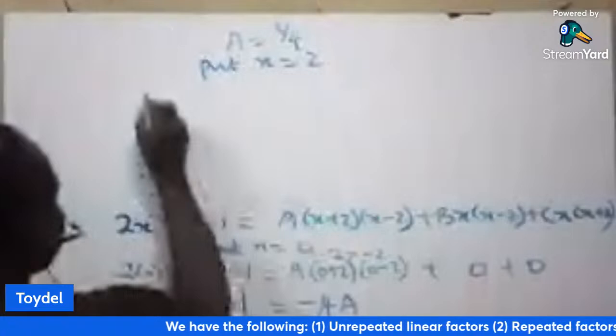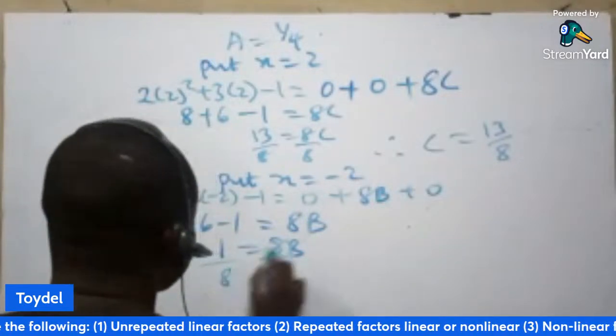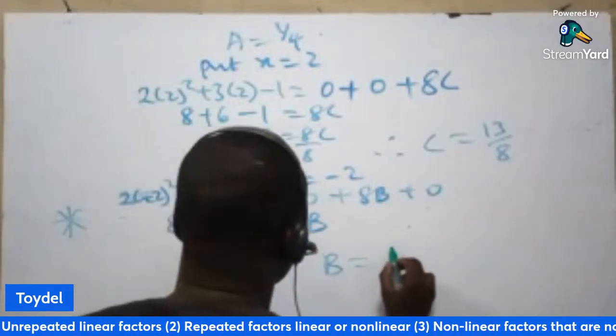Then 1 is equal to 8b. So divide both sides by 8. So b is equal to 1 all over 8.